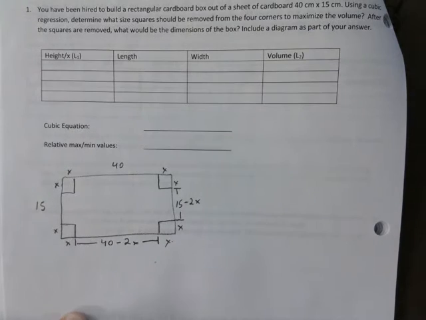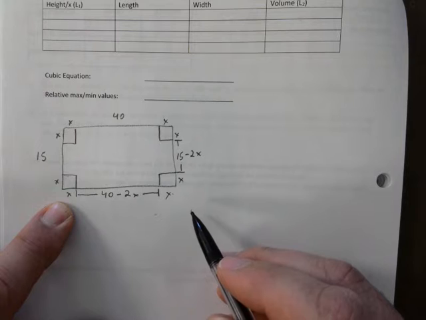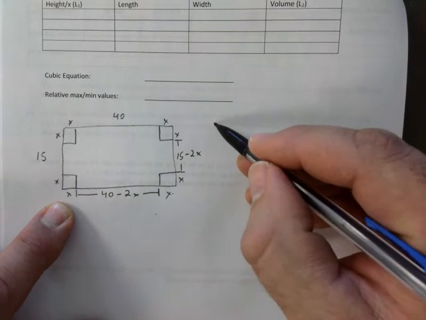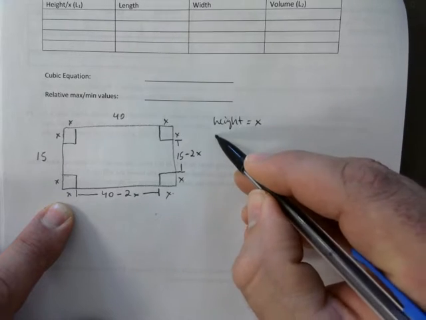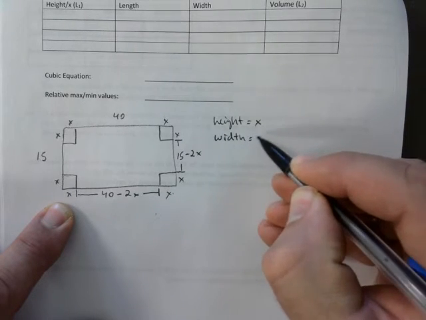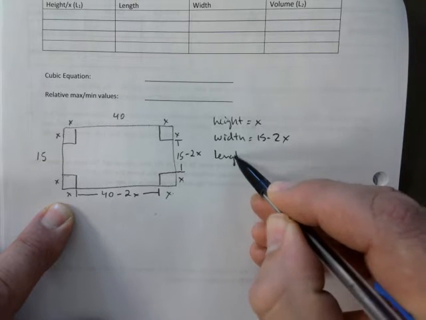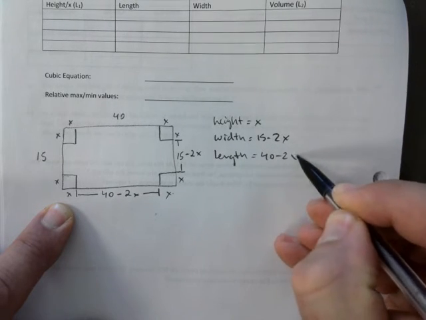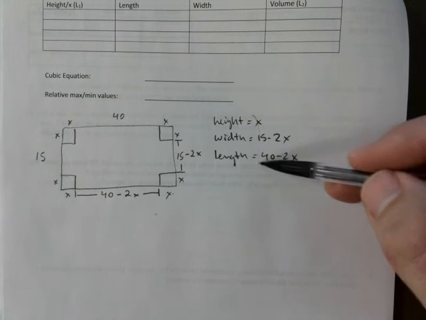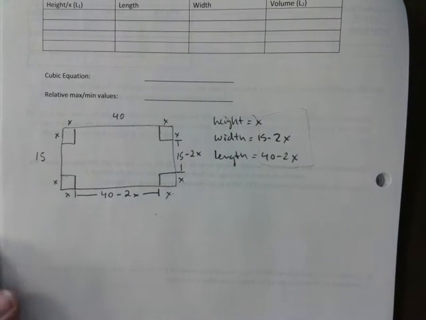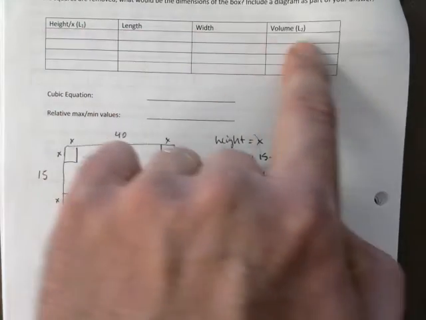Okay? So I'm writing everything in terms of x. So the height is x, the width is 15 minus 2x, and the length is 40 minus 2x. Okay? So now that they're all in terms of x, I can go ahead and fill in this chart.